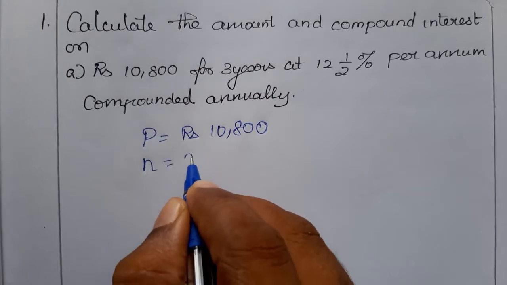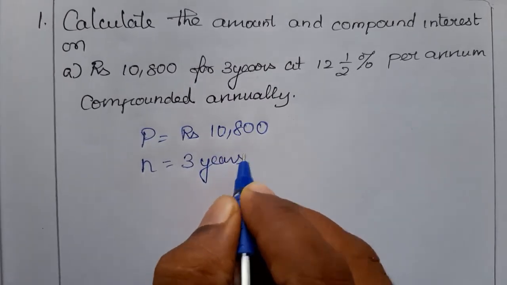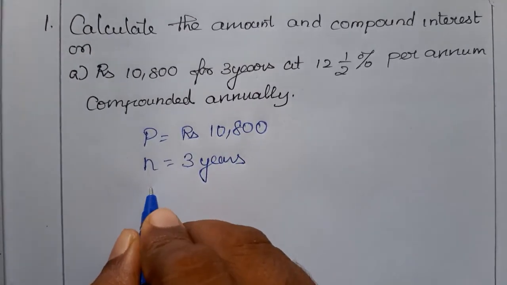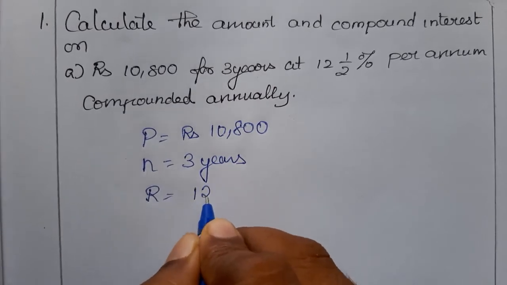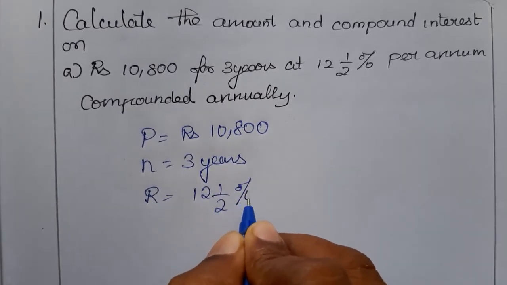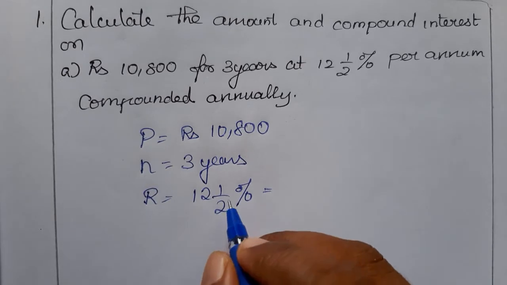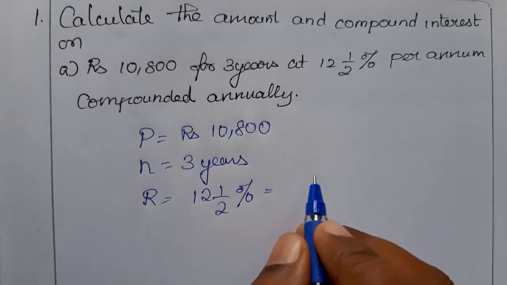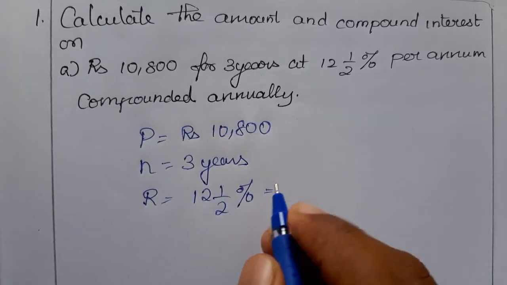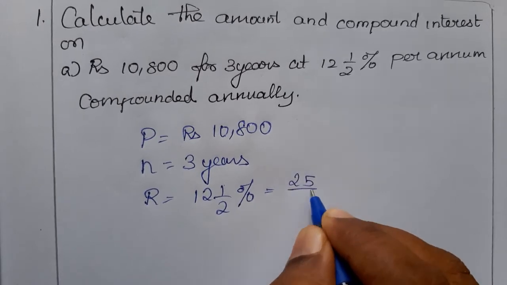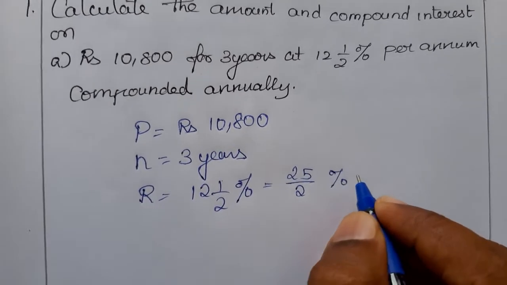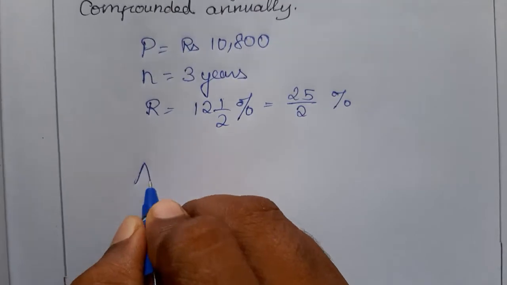So n is equal to 3 years, and the rate R is given as 12 1/2%. It's a mixed fraction, so let me write it as an improper fraction: 12 twos are 24, 24 plus 1 is 25, so 25/2%.